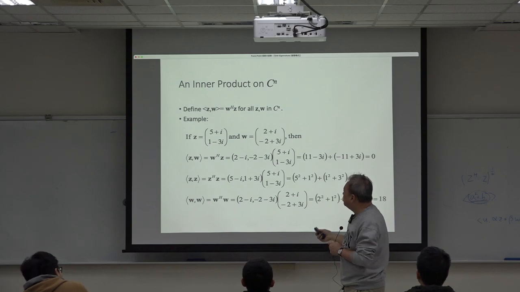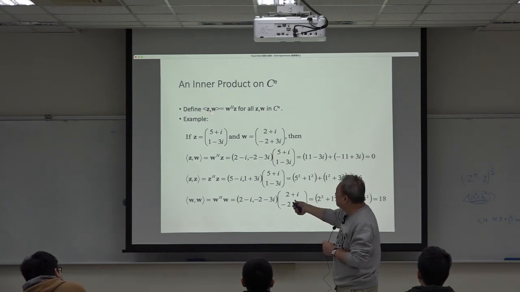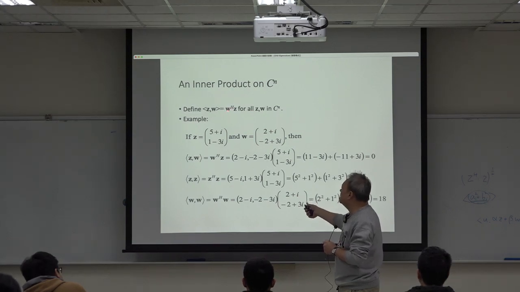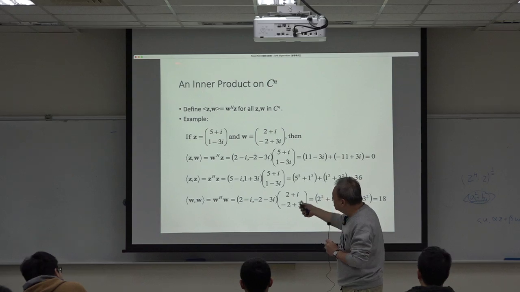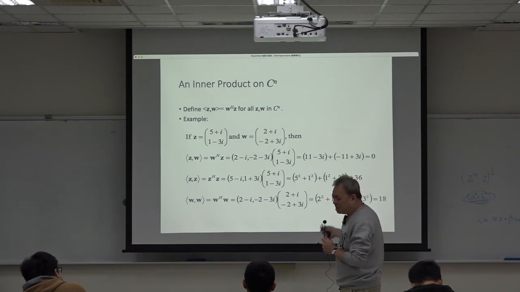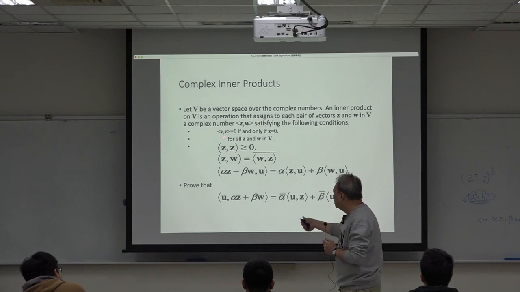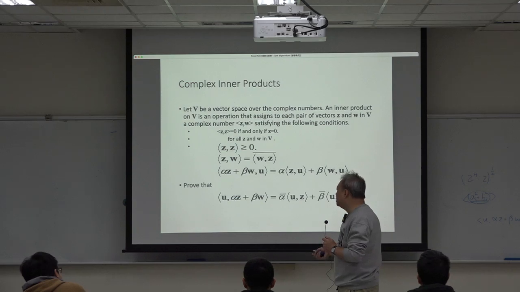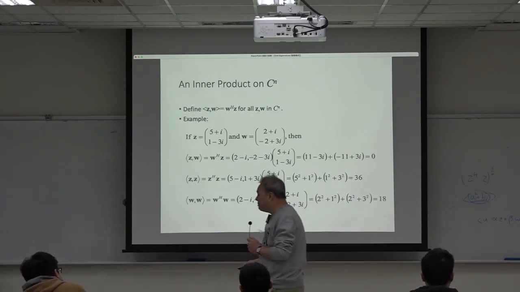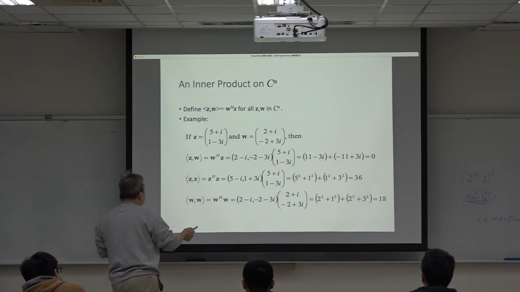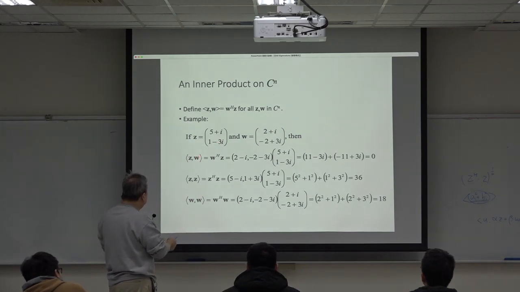So in reality, we can define z inner product w to be w^H z. This is a very convenient definition, and it satisfies all the requirements for the inner product. Let me give an example. If z is this one and w is this one, then z inner product w will be w^H z.